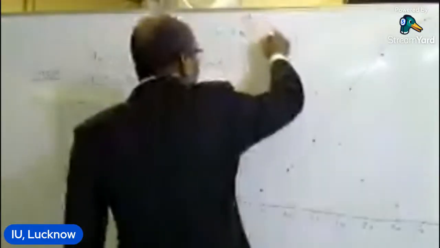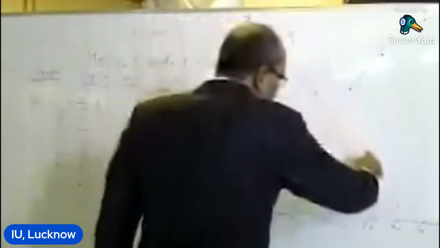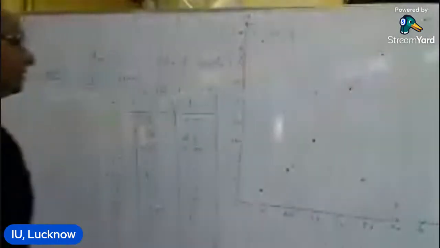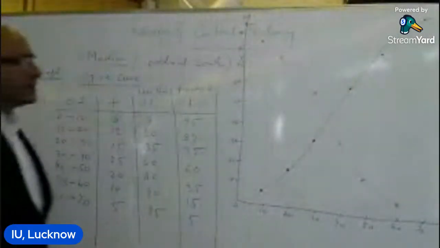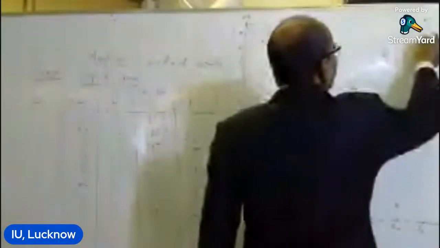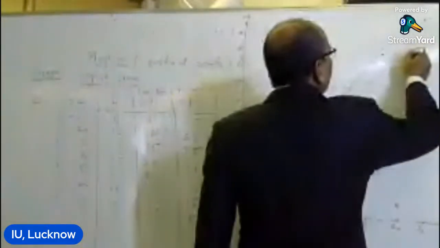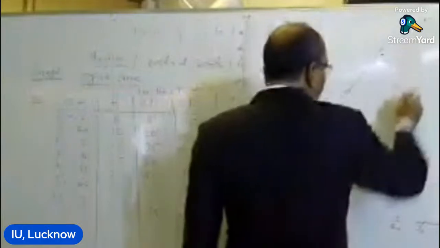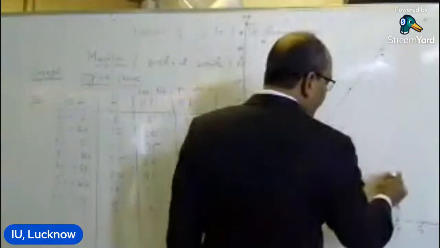If you connect these points roughly like this, one is the less than type cumulative frequency, and this one is the greater than type cumulative frequency.